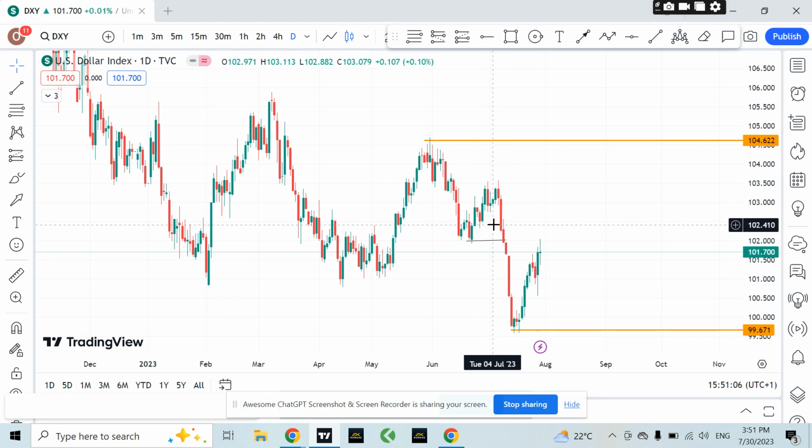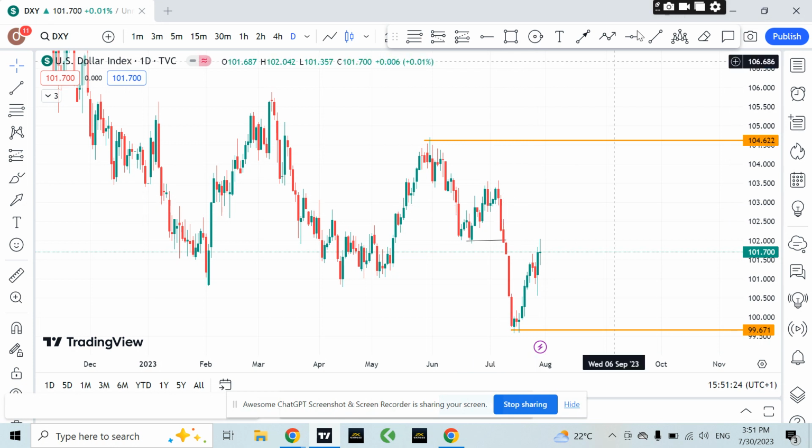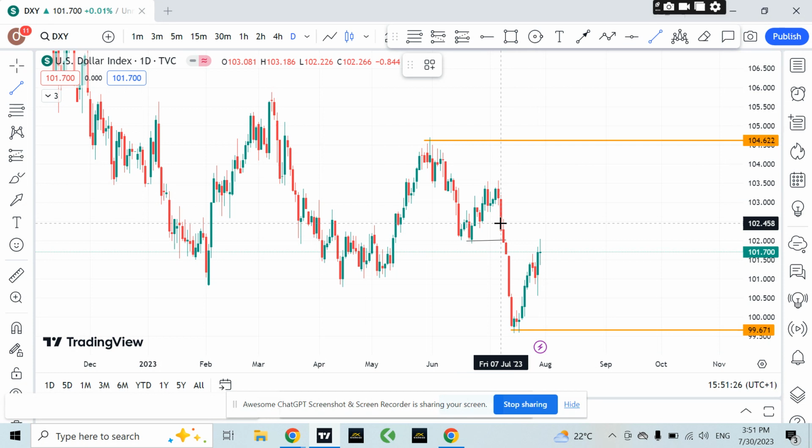You can also see a powerful bearish move here. Look at the candles. Remember, this is a daily time frame, and look at the move of these candles. We can say that this is a strong zone as well, because I can see an imbalance here which the market actually needs to fill.